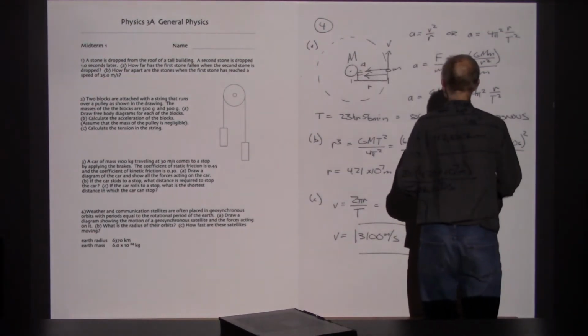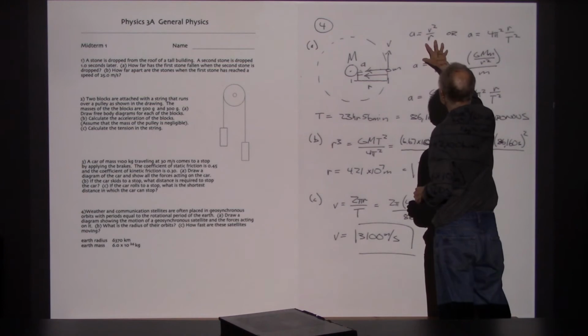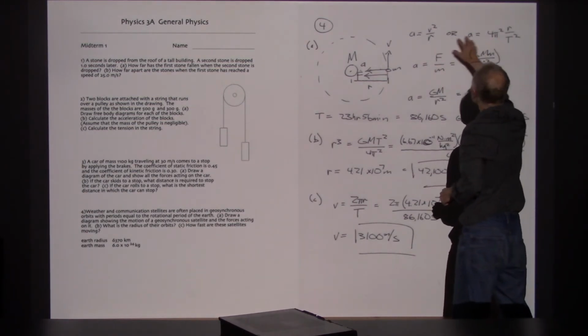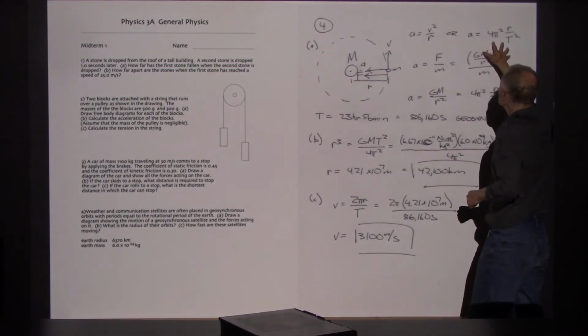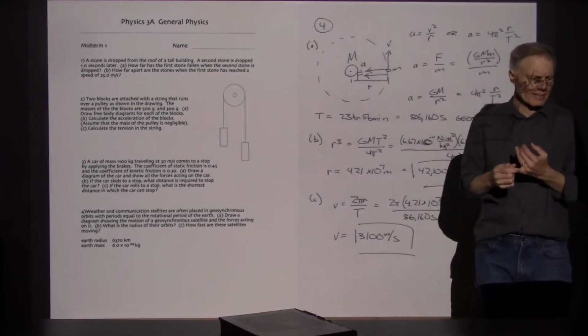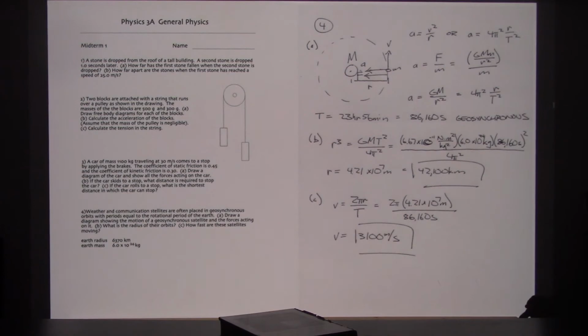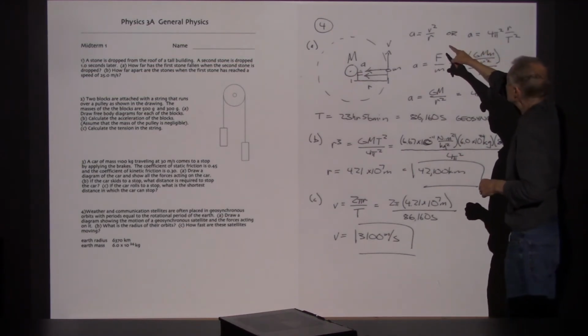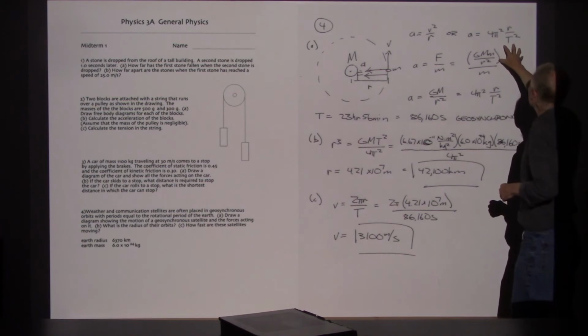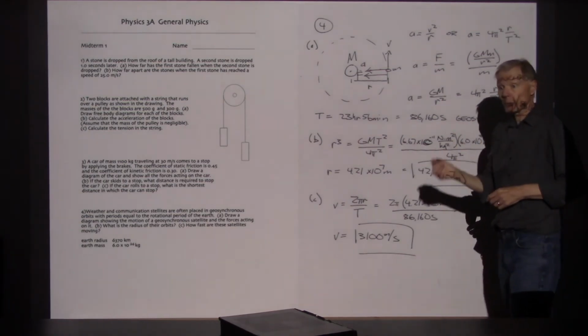Now for circular motion, we had worked from a couple different formulas that would tell us how the acceleration was related to the radius of the circular motion and the velocity of the object, or what we found was that instead of using velocity, we could write the acceleration in terms of period.